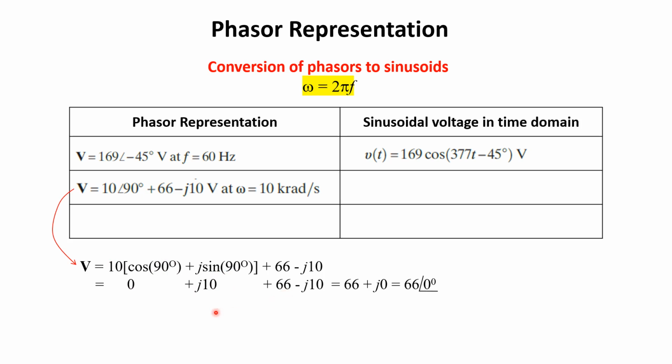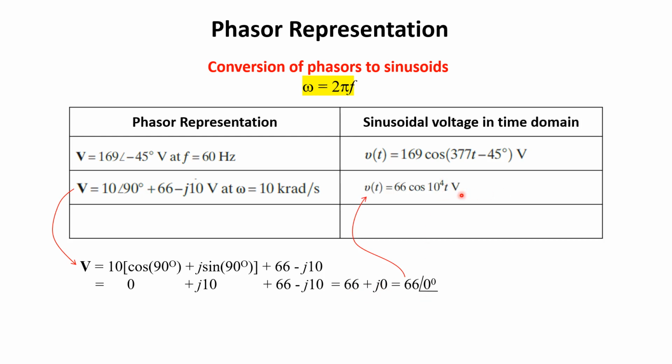Then we add 60 and 0, real part 60 and 0, and j10 minus j10, which is 0 over here, and this can be represented as the imaginary part is 0. If the imaginary part is 0, the angle is 0, so it is 60 angle 0.